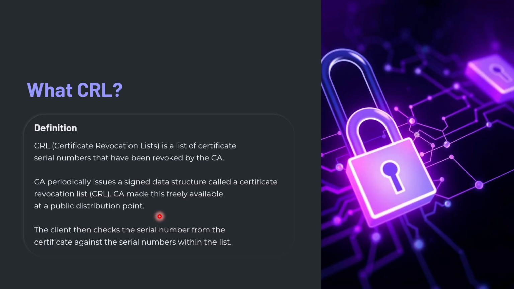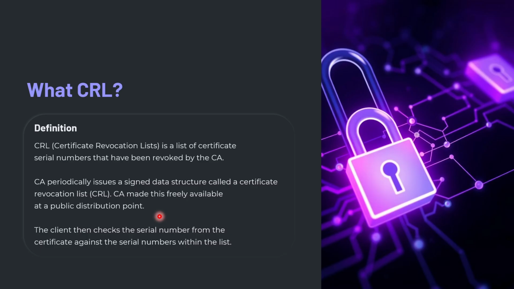Those are CRL distribution points where you will find the entire list of the certificates which are revoked by that certificate authority. So that is a CRL, and this makes sure that a certificate which is revoked by the certificate authority should not be used again for any purposes. If it is getting used, that means there is a compromise.